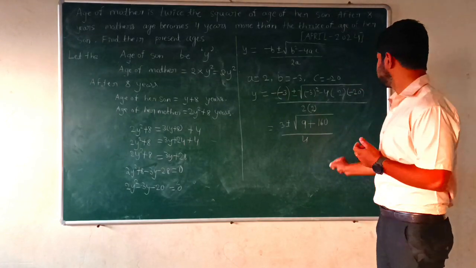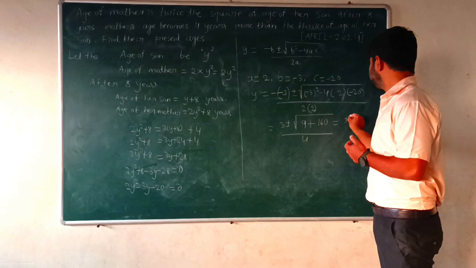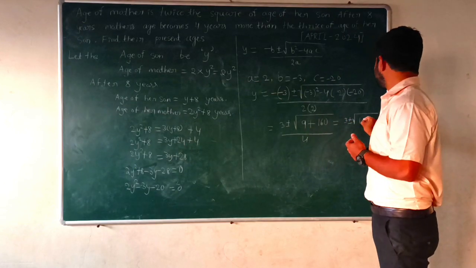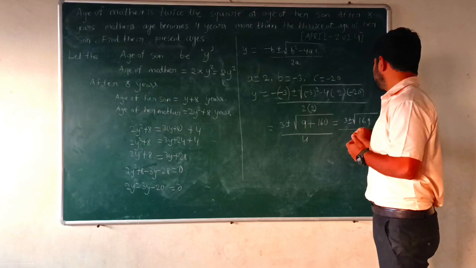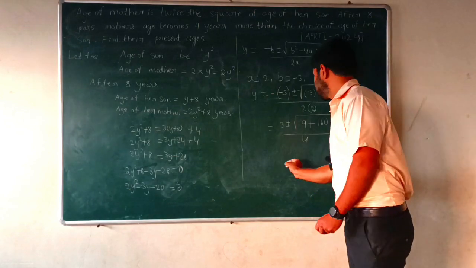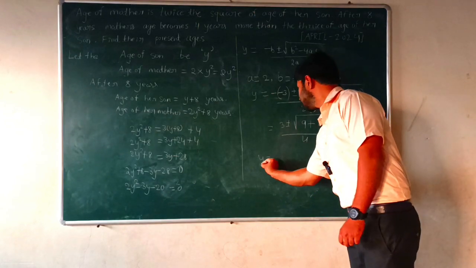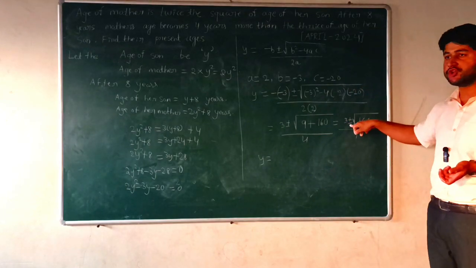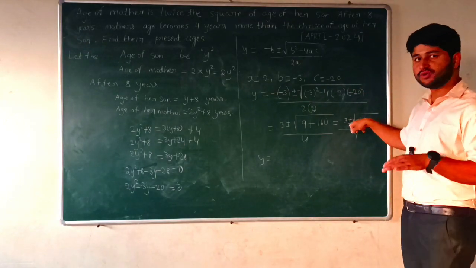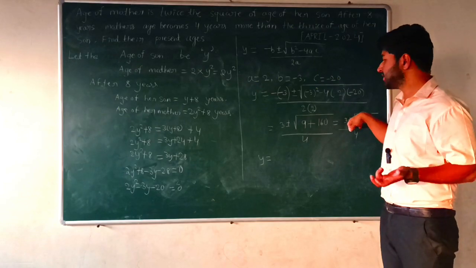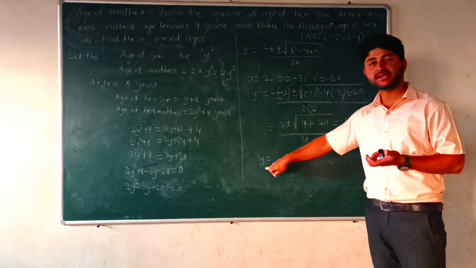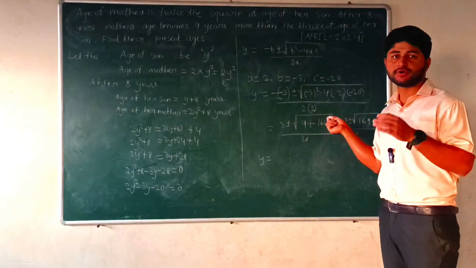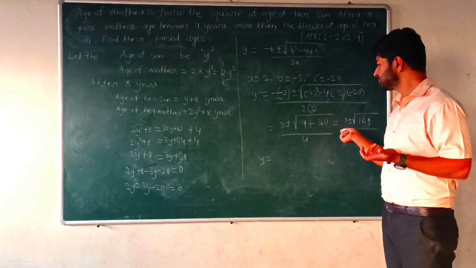Okay, and let me just simplify this. 3 plus or minus the square root of 9 plus 160, which is 169, divided by 4. Remember, there are two values here, as you might already know, a quadratic equation has two solutions.